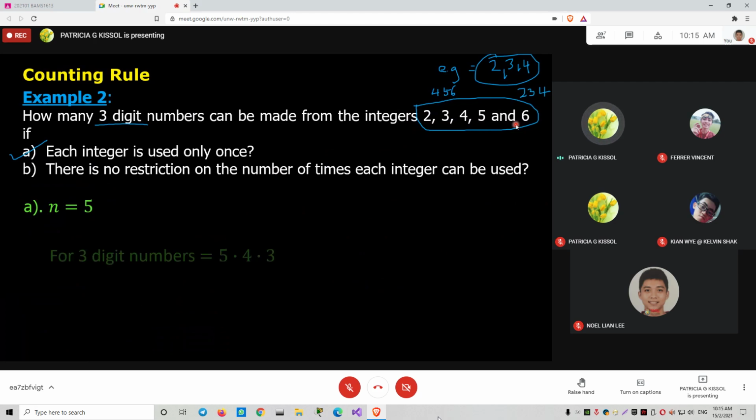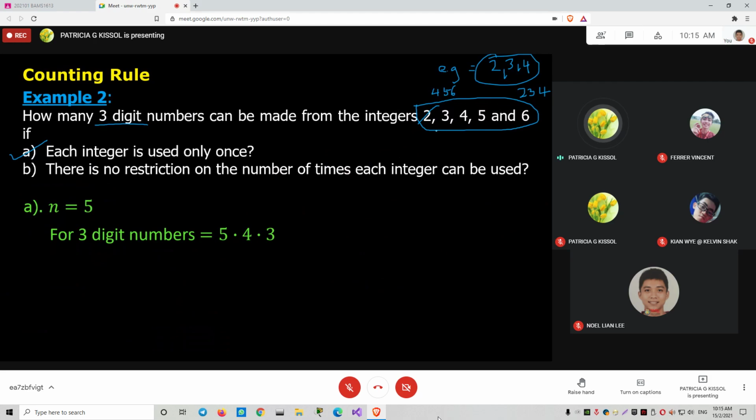So for the first number, you can choose from 5 numbers. But if, let's say, you have chosen 2, how many numbers are left?